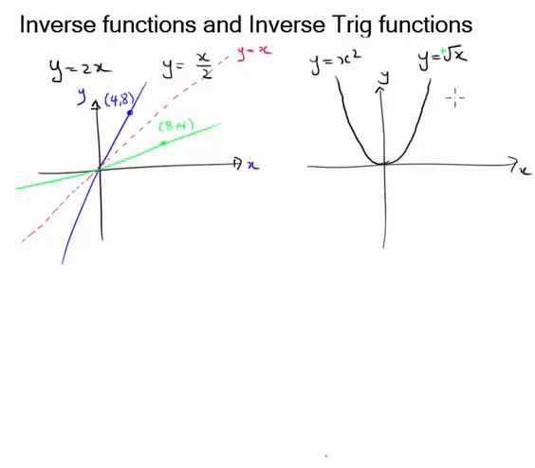If I just take the positive root of x, that's just looking like this. Okay, so in this case also, we see that this positive branch over here, not the negative bit, is symmetrical with this green bit, which is the graph of square root x, with respect to this diagonal line. Okay, and this diagonal here is also y equals x.